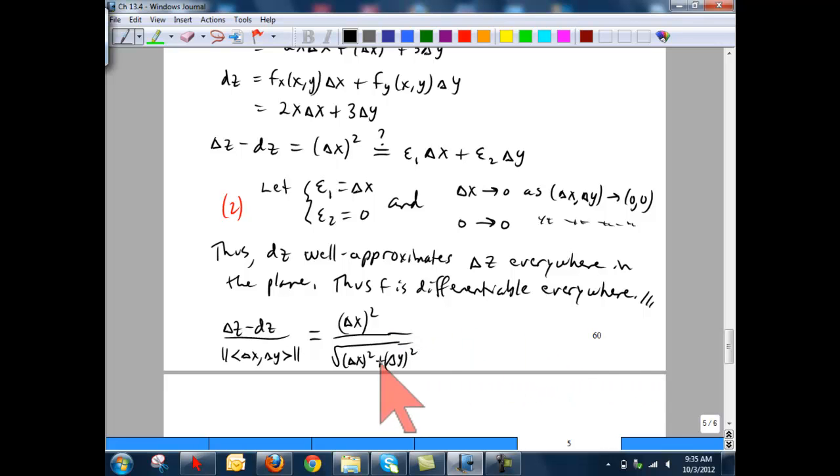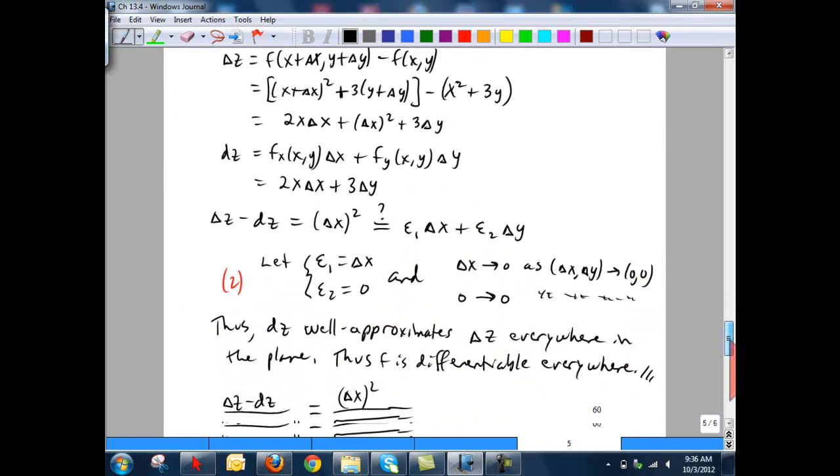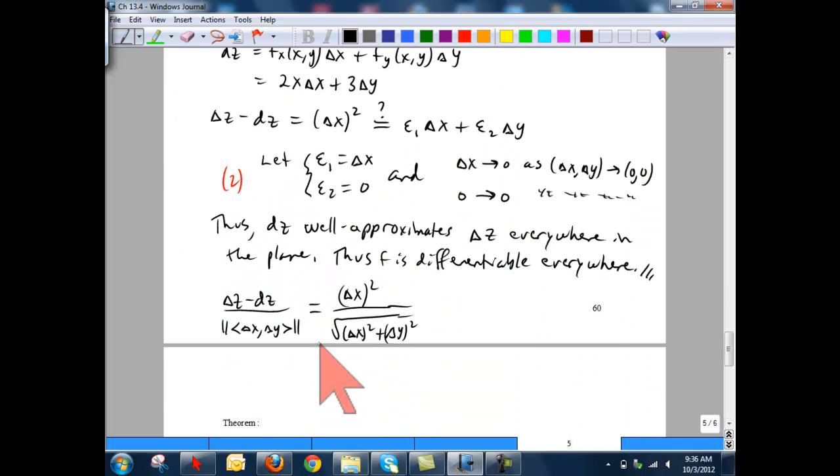Okay, I want to discuss whether this thing has limit 0 as delta x and delta y go to 0. If I immediately just plug in delta x equals 0 and delta y equals 0, I get my usual 0 over 0 problem. Perhaps from Calc 1 you remember the so-called squeeze theorem, or sandwich theorem as it is also called.